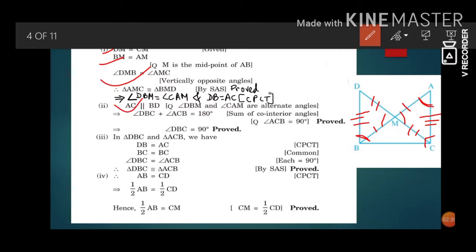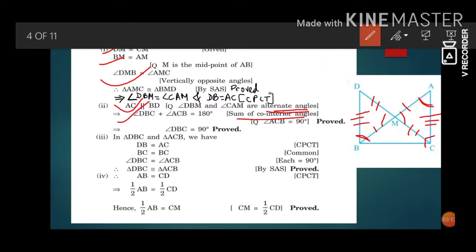The reason is angle DBM is equal to CAM, that we have proved in our first part, and these are alternate angles. So since these angles are alternate, we can say DB is parallel to AC. And since these two lines are parallel and BC is a transversal, we know that the sum of the co-interior angles is 180 degrees.